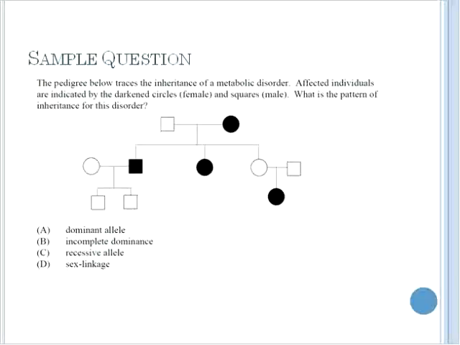Another question, as posed, asks about the inheritance of a metabolic disorder. Affected individuals are indicated by the darkened circles and squares, male. What is the pattern of inheritance for this disorder?